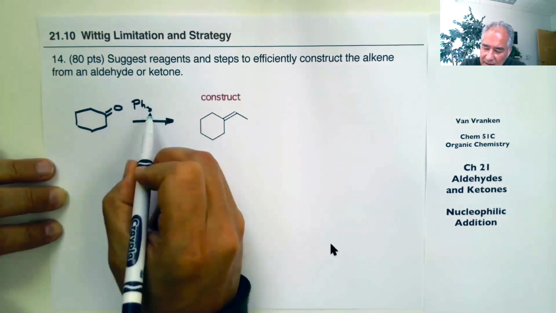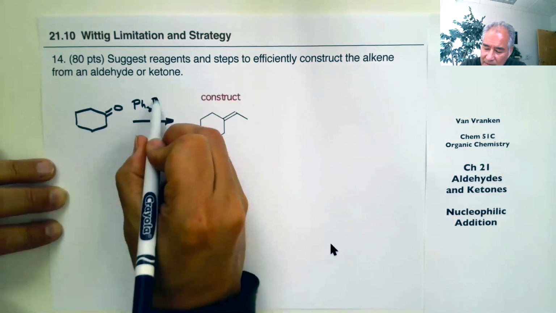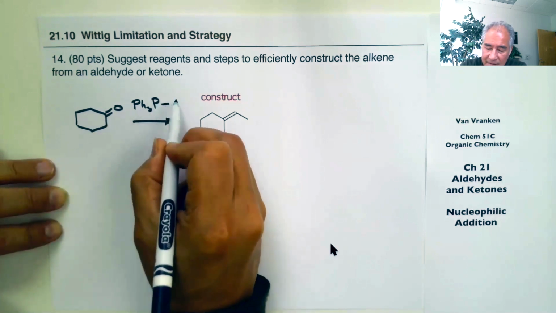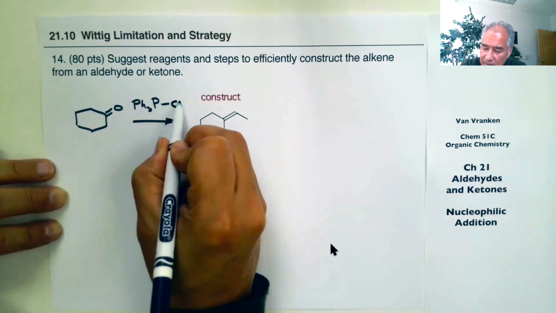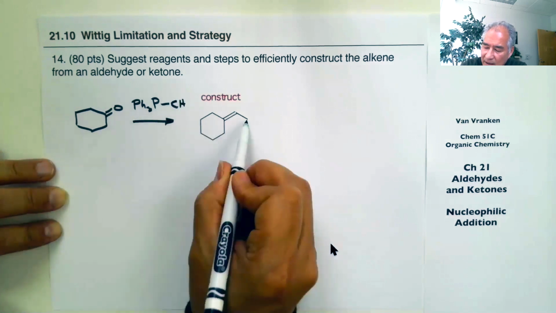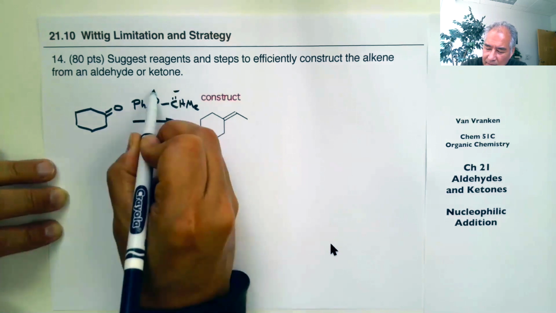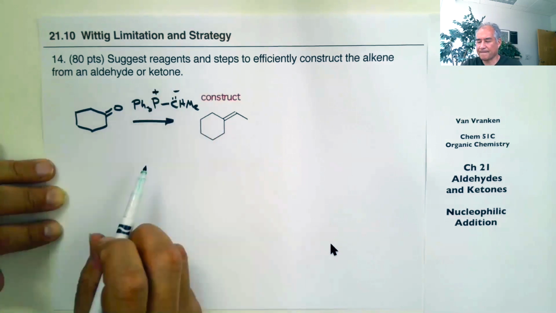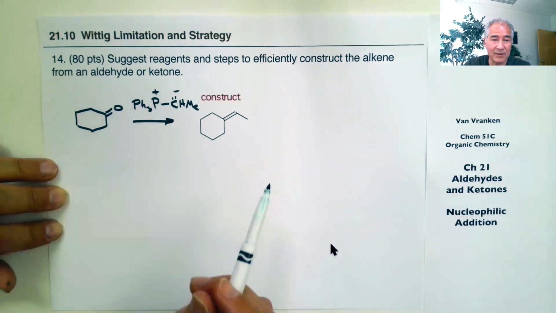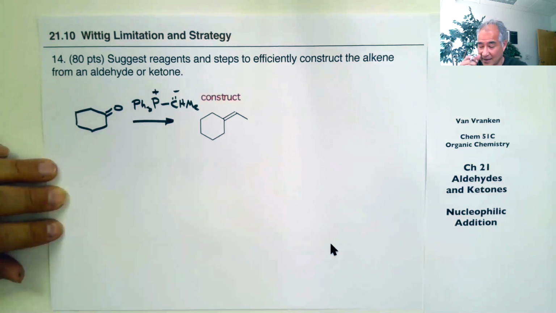You could take the carbonyl compound, you could take a Wittig reagent that has an H and a methyl group on it, and then you just mix them together and you'll get a CC double bond.